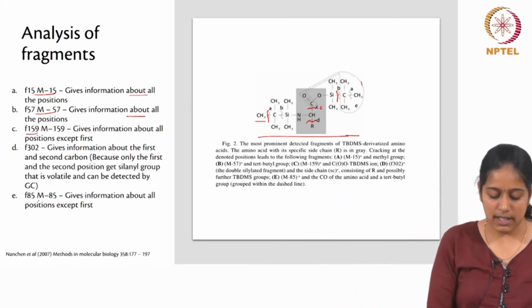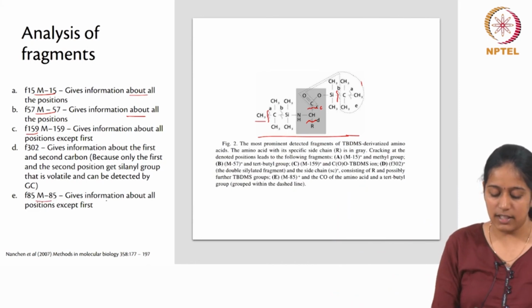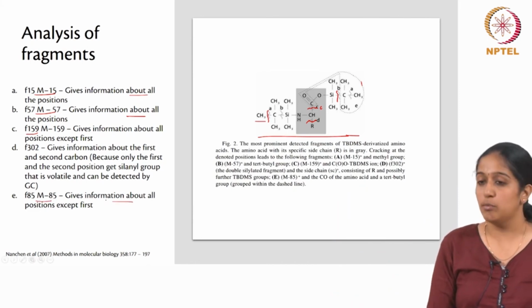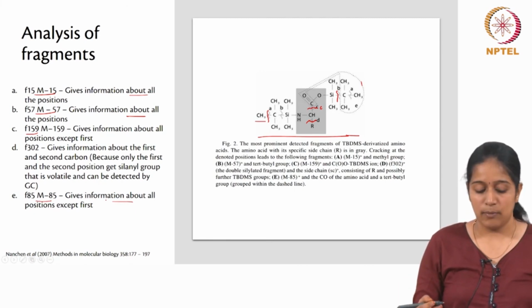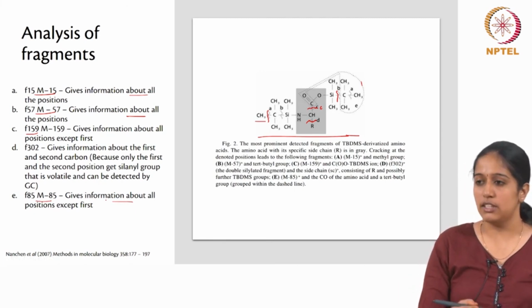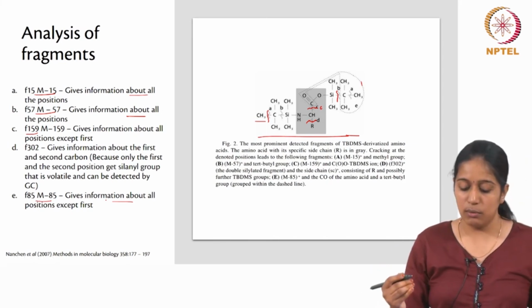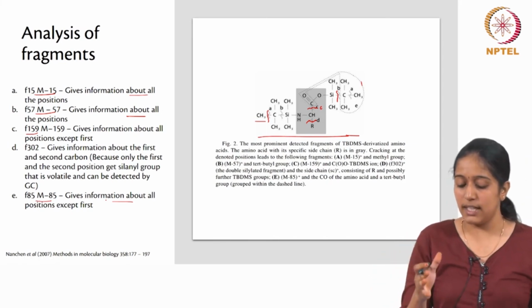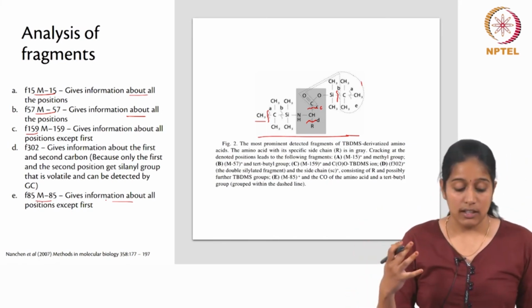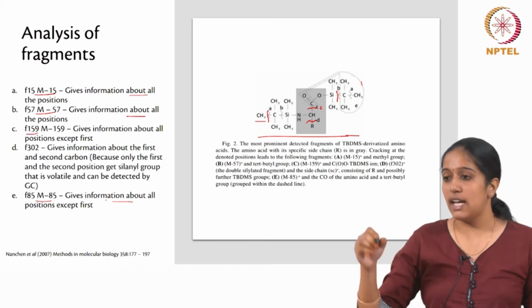Similarly, M minus 85 gives you information about all the positions except the first. So, using this information from different fragments, you backtrace or calculate the labelings at different positions.